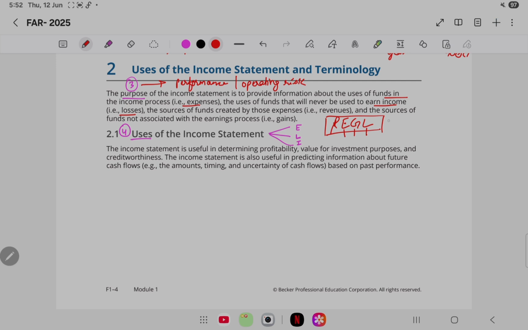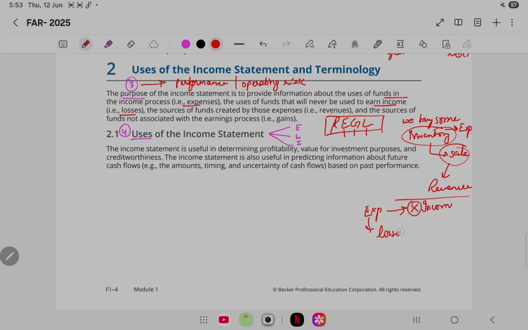So let's understand REGL with an example. If we spend some money, like if we buy some inventory and then sell it, the inventory comes under the expense part, and the sale comes under the revenue part. And if we incur some expenses which do not generate any income, that expense comes under the losses.